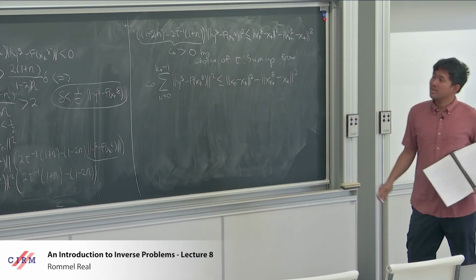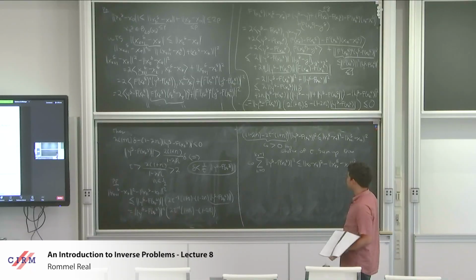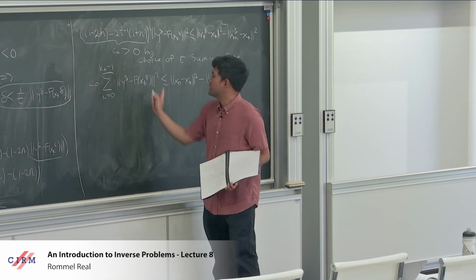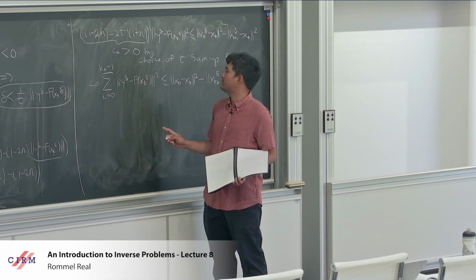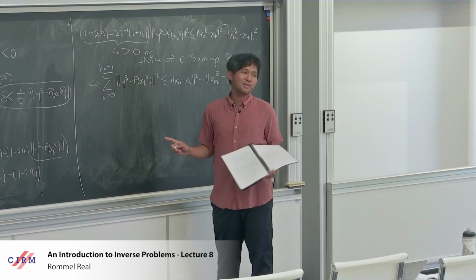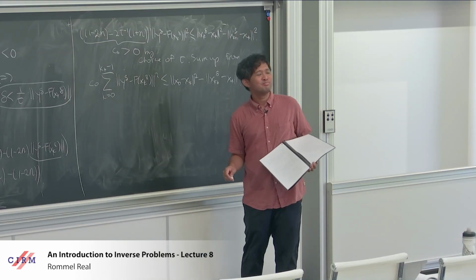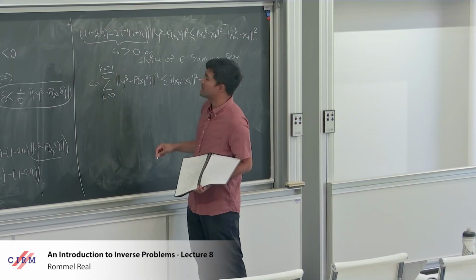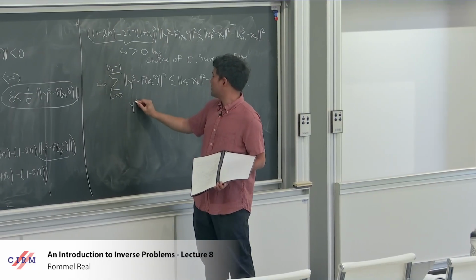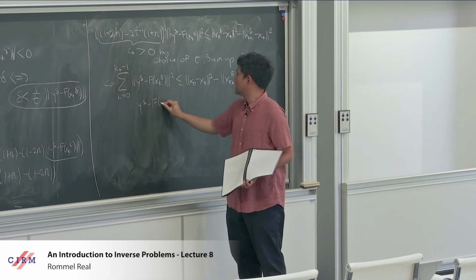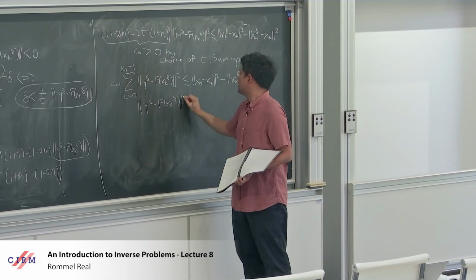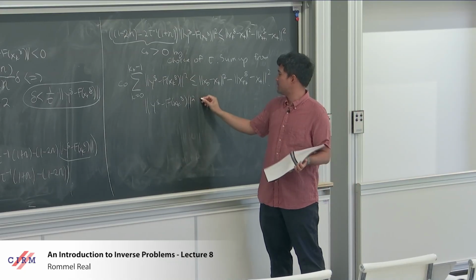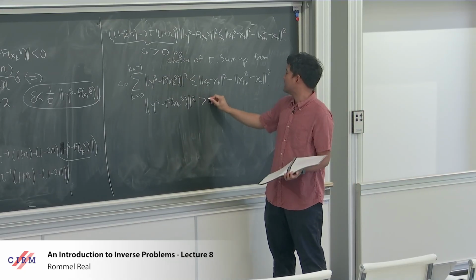And from that one, note that in the left-hand side, these are residuals from k equals 0 to k star minus 1. So that's before we satisfy the criterion for the discrepancy principle. So notice that a residual inside the summation should be greater than tau delta.